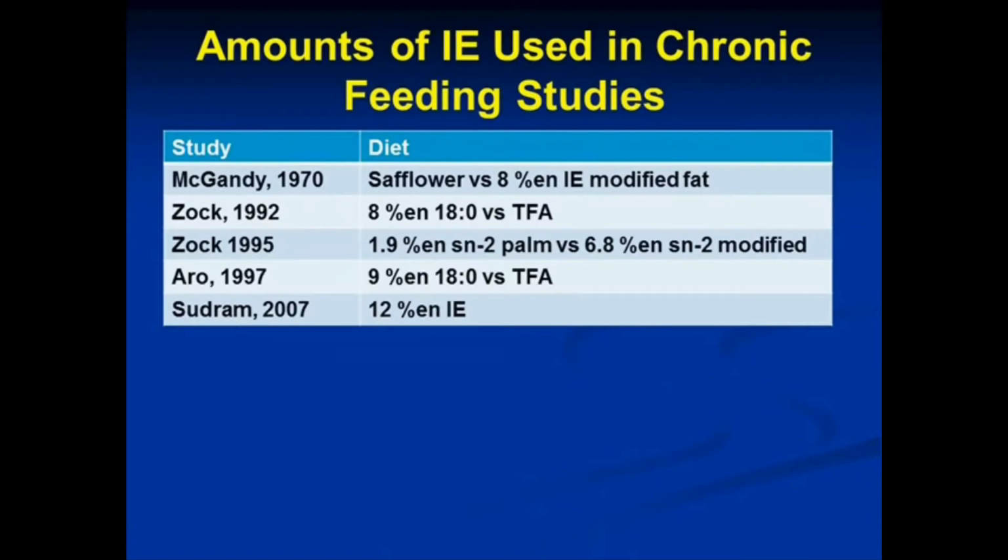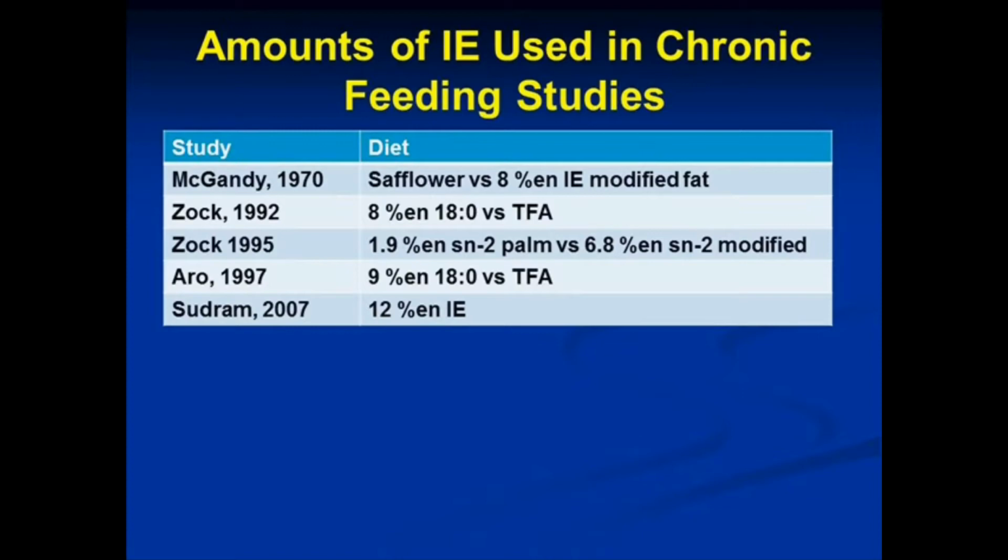So if we look at how much interesterified fat has been used in some of the chronic feeding studies, we're looking at numbers of 8%, 2 to 6% comparisons.